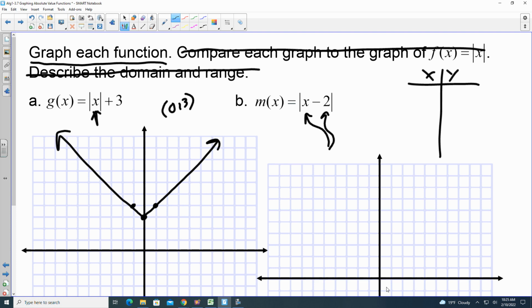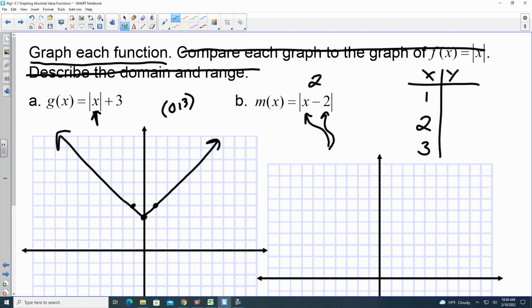So what I'm going to do is use what's inside there and illustrate what is going to make the inside of that absolute value 0. Well, in this particular instance, it's going to be 2, because 2 minus 2 is 0. So if I put 2 right here, let's say I put 1 here, and let's say I put 3 here.